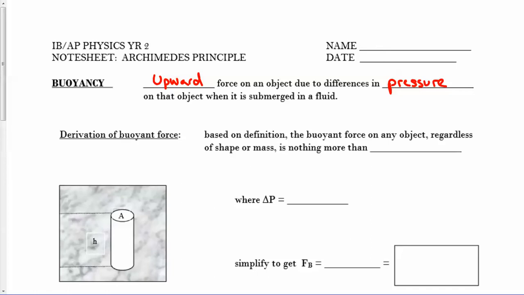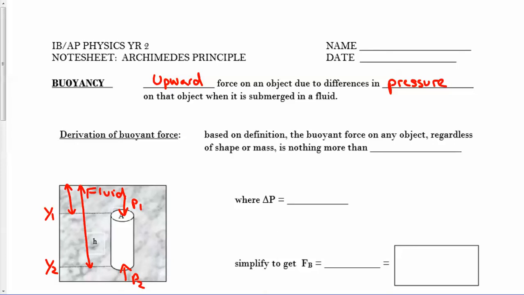So if we have some fluid right here, and we have some original depth below, I'll call that y1, and some other depth below, we have that as y2. There's some P1 going this way, and there's some P2 going in the upward direction.